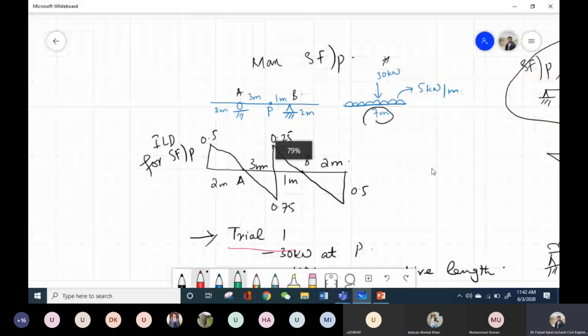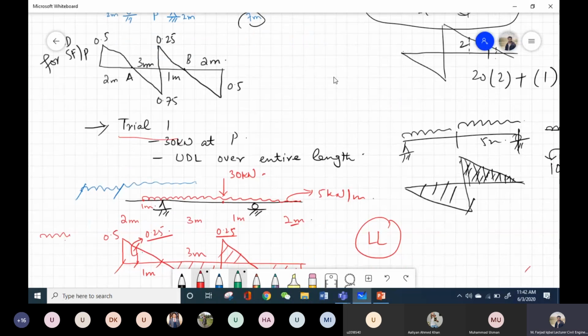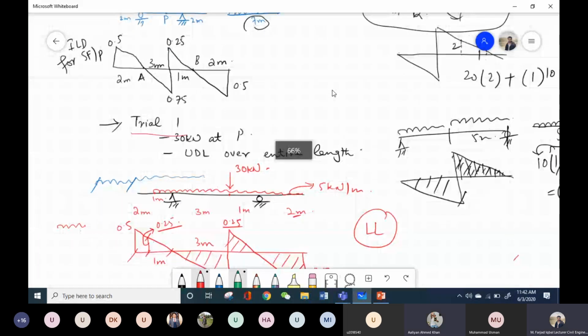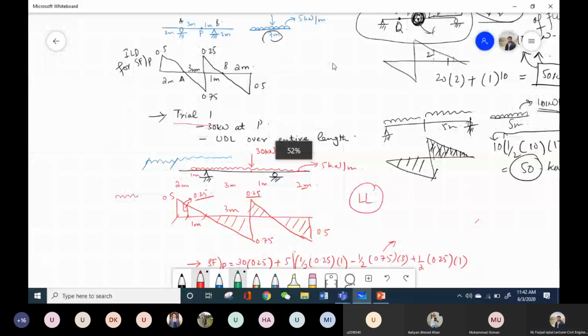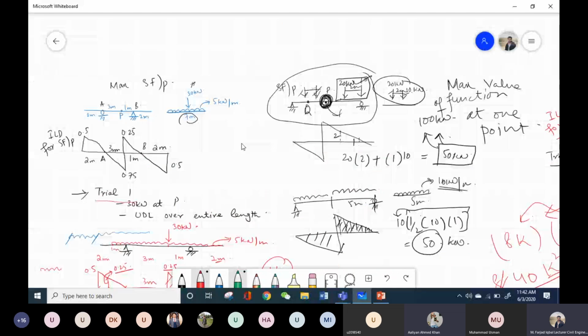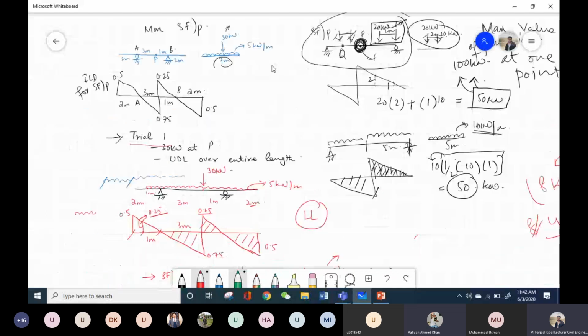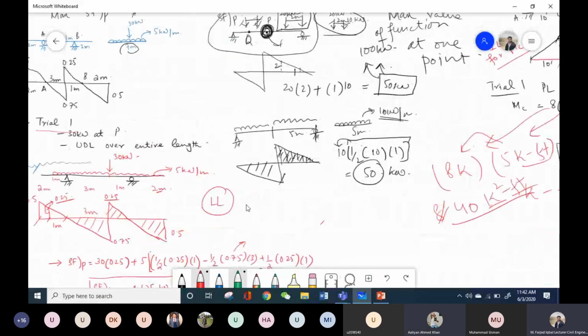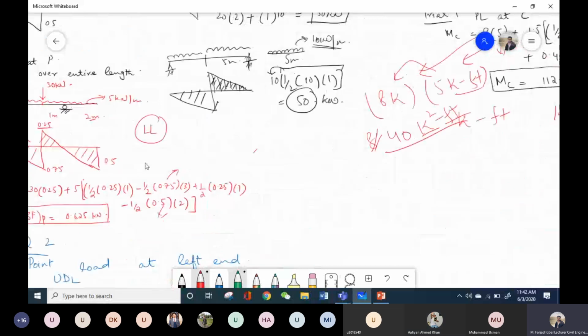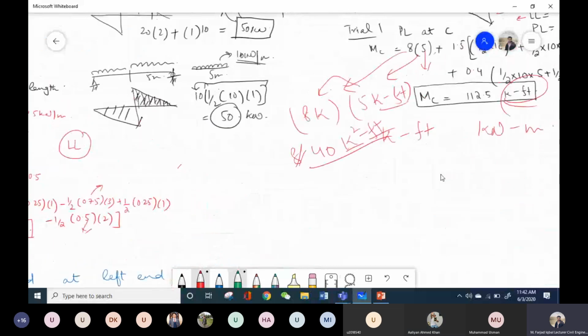So this was our beam. Yeah, this was our question.